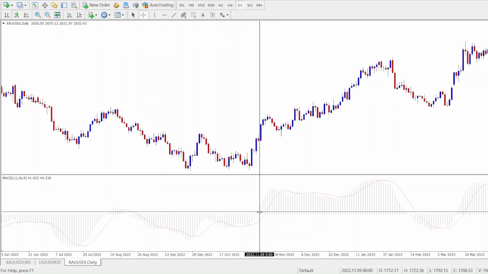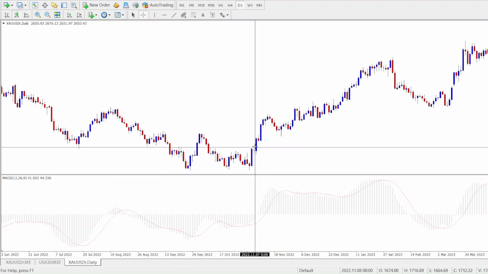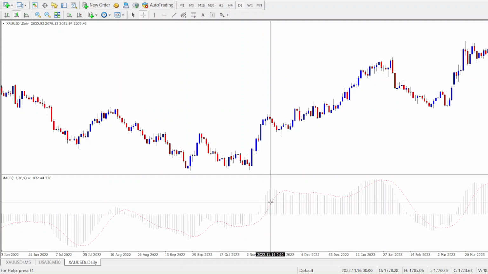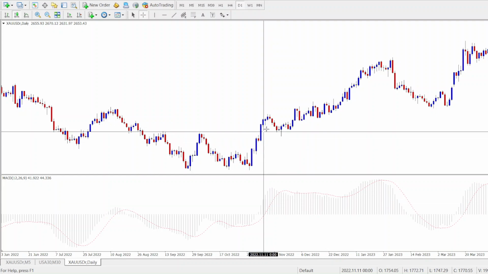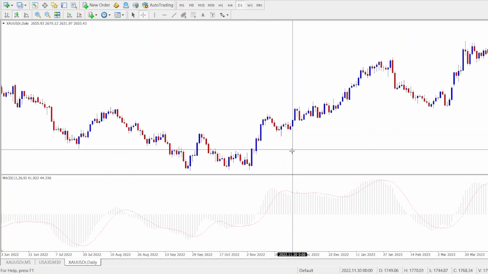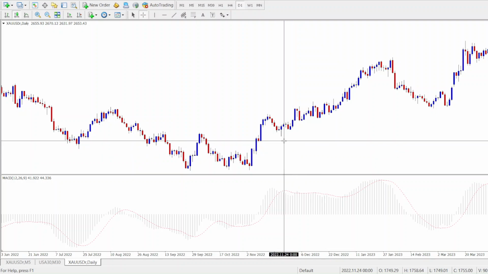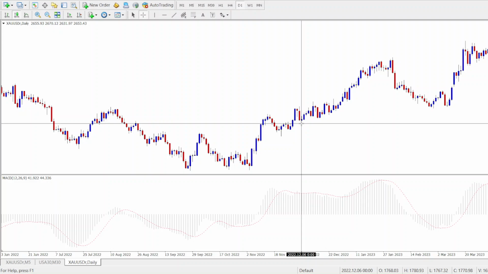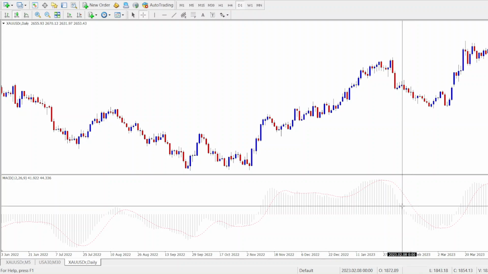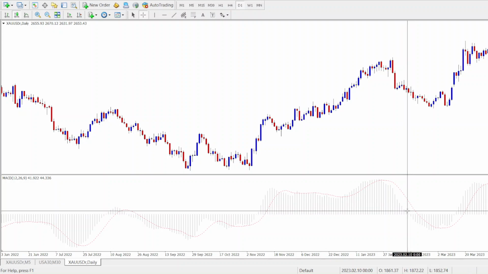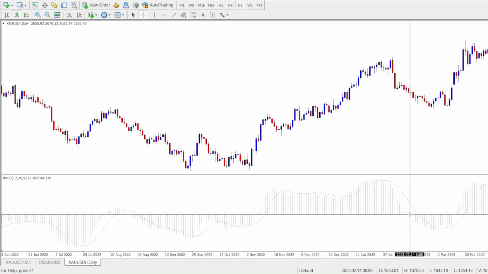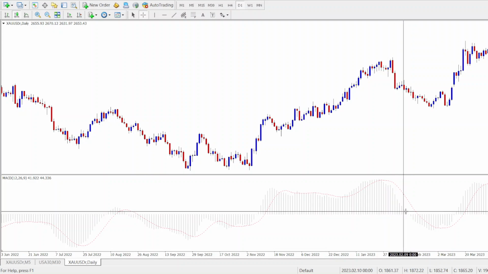So after the first histogram bar forms, you can enter your buy trade, and then when the MACD line begins to move upward, you can just patiently wait for the bullish trend to continue. Before you consider exiting your buy trade, you can wait for the histogram bars to fall below the zero line.